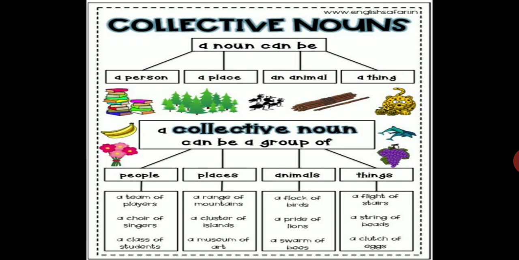The collective nouns for people: a team of players, a choir of singers, a class of students, right? And how can we call the collective nouns for places? A range of mountains, a cluster of islands, a museum of art.